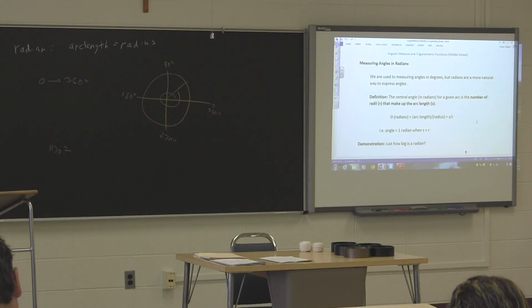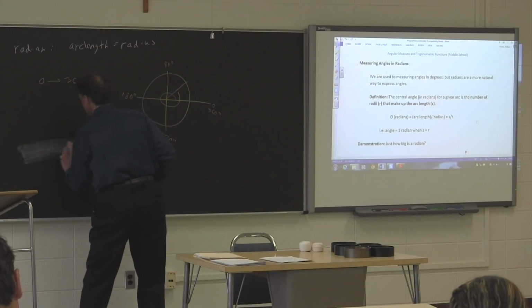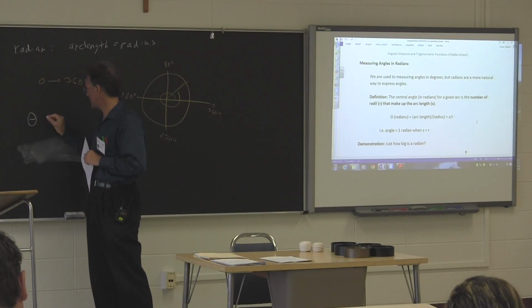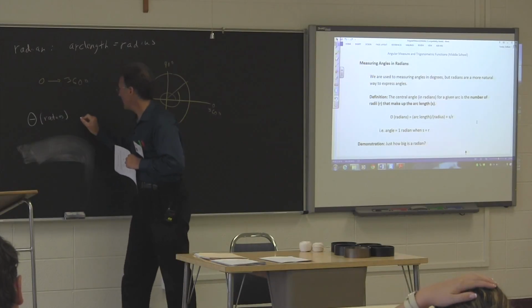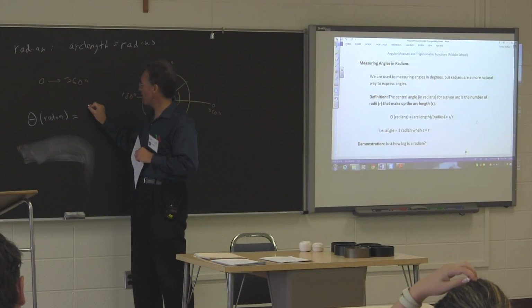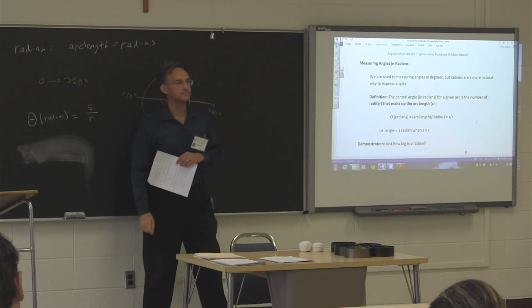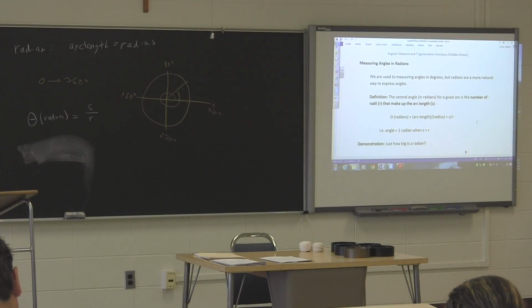What's nice about this definition is the following. If you want to measure an angle in radians, and this is written in your notes, but I'll write it down here, all you need to do is take the arc length and divide it by the radius. Arc length divided by radius gives you the angle in radians.